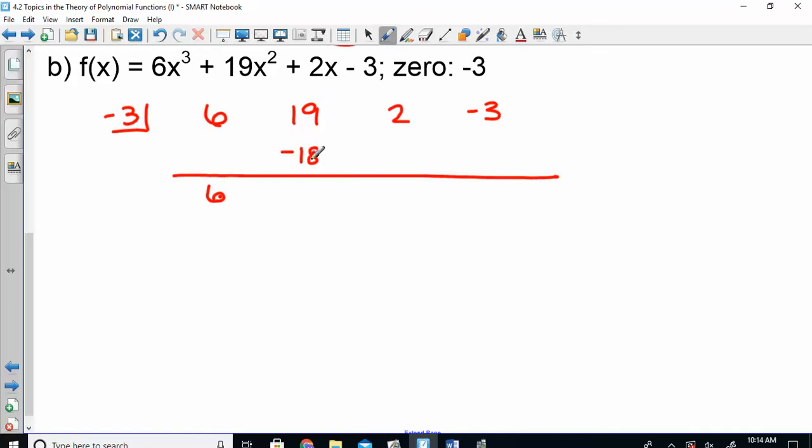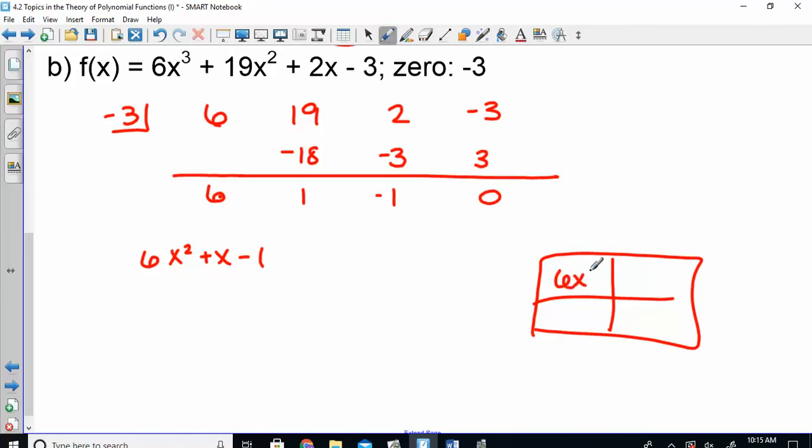So 6 comes down. 6 times -3 is -18. 19 plus -18 is 1. 1 times -3 is -3. 2 plus -3 is -1. -1 times -3 is +3. And that adds to 0. So this is my remainder, constant, x and x squared. So 6x squared plus x minus 1.